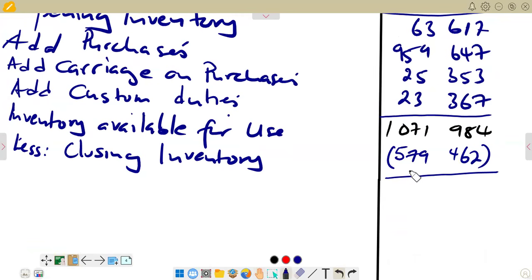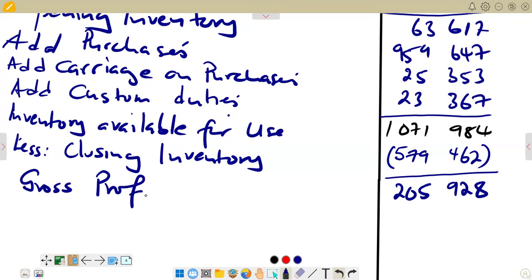It's going to be your gross profit. So remember, it's a positive figure. If it's a negative figure, it's supposed to be gross loss and put it in brackets to show that it's a negative.